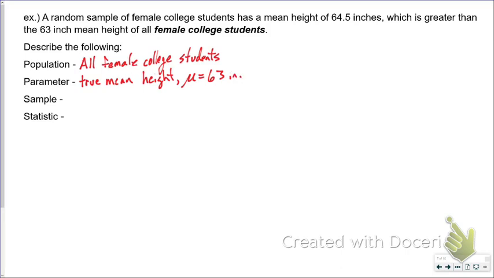The sample, they don't tell us how many they took, but I do know it's a random sample of female college students. And the statistic is the sample mean height.